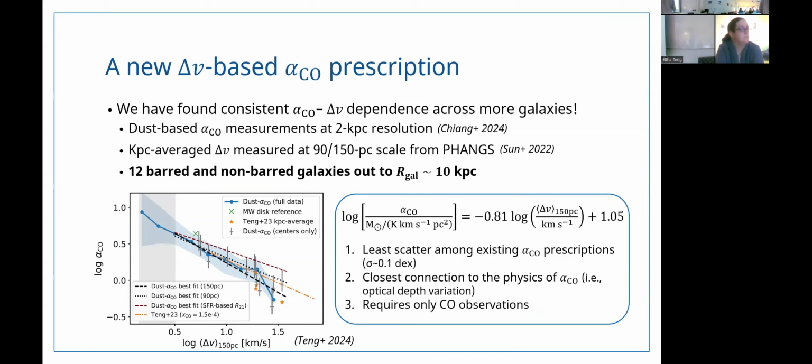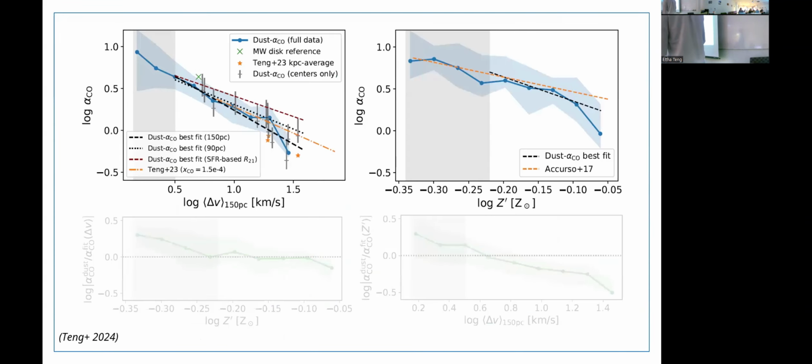And we think the reason is because the cloud scale velocity dispersion here is directly tracing the physics that alters alpha CO, which we identified is the optical depth variations. And also another advantage of our prescription is that it requires only the CO observations, which we already need for tracing molecular gas. So it doesn't require any ancillary multiband data to be able to predict alpha CO.